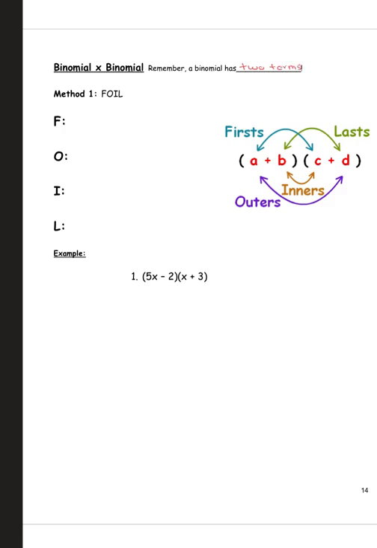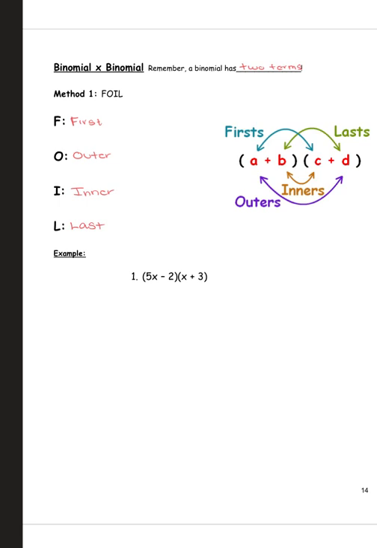With FOIL, you go first, outer, inner, and last. Again, FOIL only works when you're multiplying a binomial times a binomial.